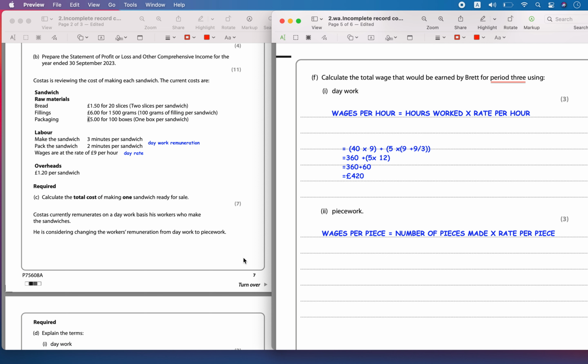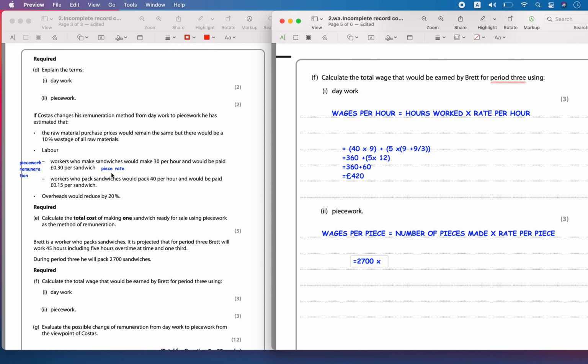Now let's see how he is getting paid for piecework. For the piecework, he is going to produce a total of 2700 sandwiches. So the number of pieces is equal to 2700, and his remuneration, the rate per piece, is going to be equal to, he is one who packs, so he's going to be paid at the rate of 0.15.